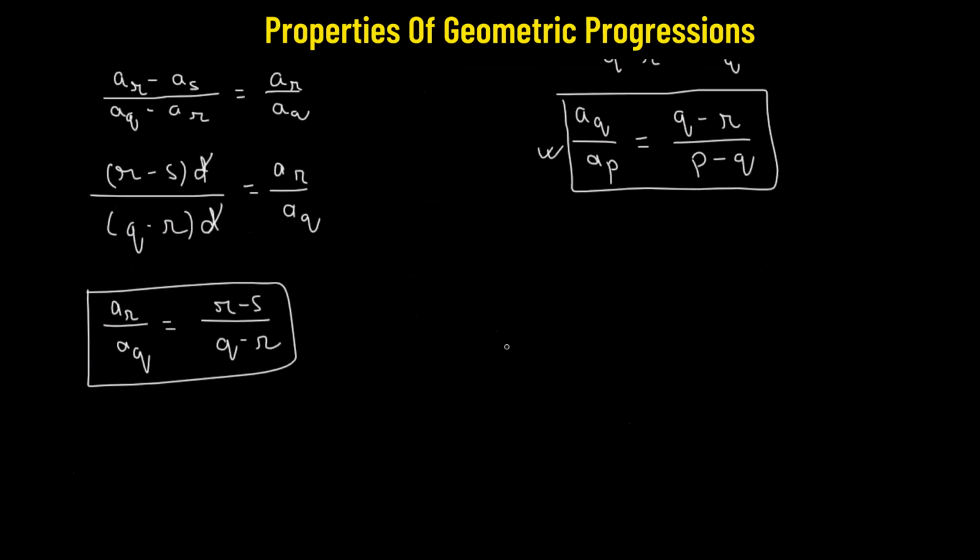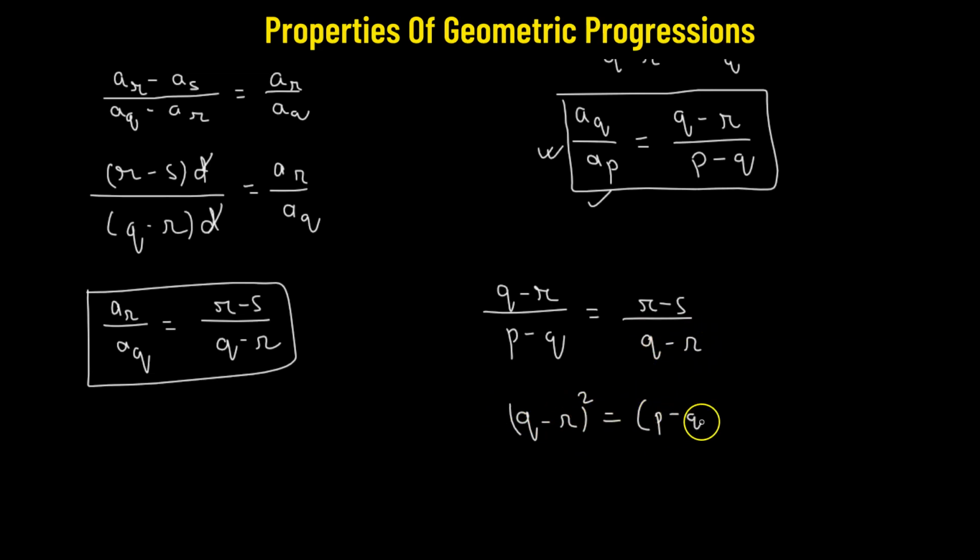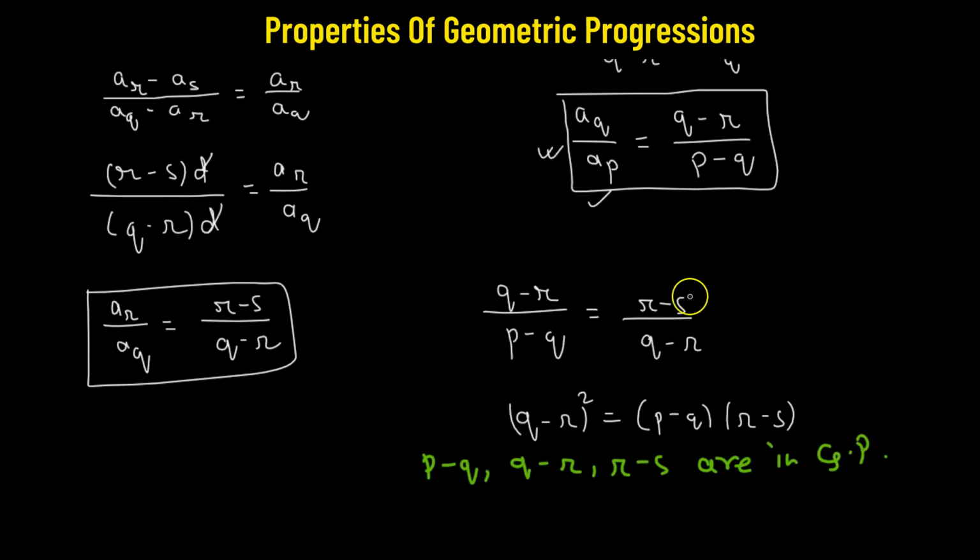So if we equate these two equations, then we can say that Q minus R divided by P minus Q, which is obtained from this particular equation, must be equal to R minus S divided by Q minus R. Or in simple terms, we have Q minus R whole squared equals P minus Q times R minus S. And whenever this criterion is met, you can simply say that P minus Q followed by Q minus R and then R minus S, these three terms must be in a geometric progression. Hence proved.